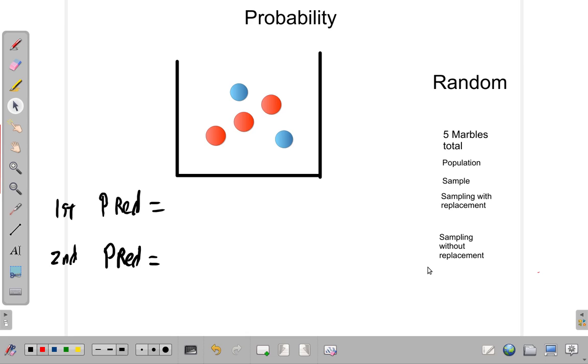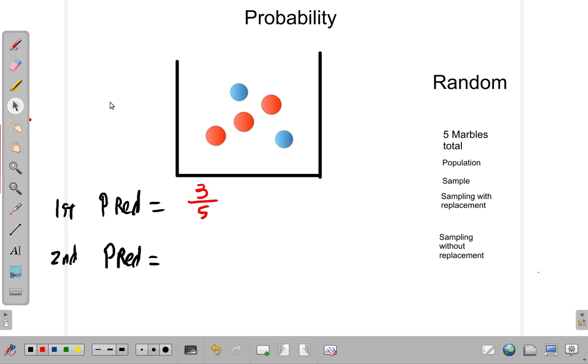Alright, you've done it. What did you get? Let us see. What I want is to make the first pick, and the probability that the marble you pick is red is there are 3 red divided by 5 marbles. So it's 3/5.